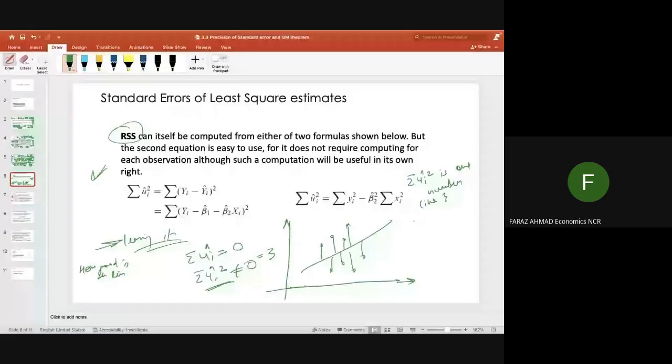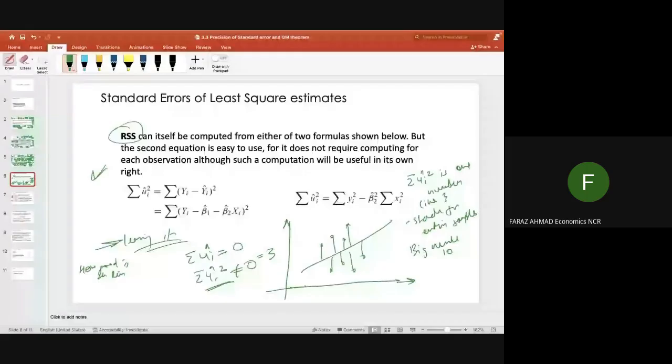Remember, this quantity is one number, like 3, and this quantity stands for the entire regression, the entire sample.